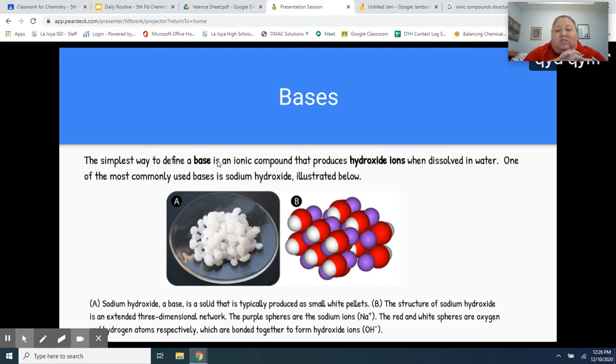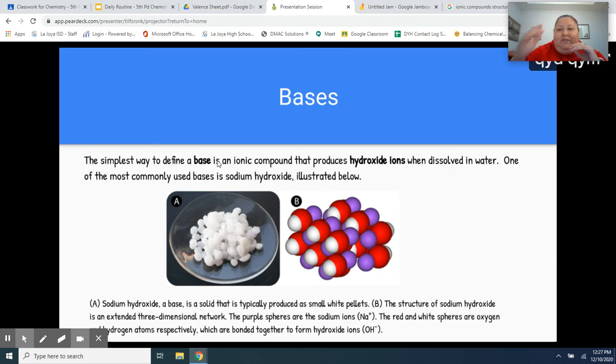The red and white spheres are your oxygen and hydrogen atoms, respectively, which are bonded together to form the hydroxide ion. They don't really show it here, but you have to remember that all ionic compounds basically look like a box made of marbles. Very organized, very structured.